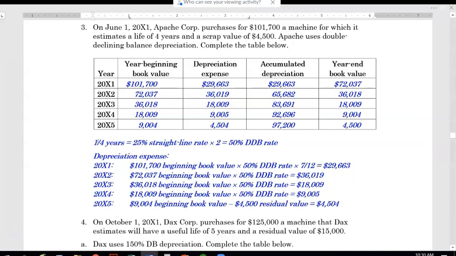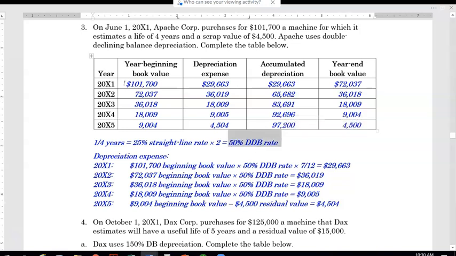So again, here we go, 100% of equipment divided by 4 years. That gives us 25% straight line depreciation times 2. It will be 50% double declining balance depreciation rate. So we're going to use 50%.